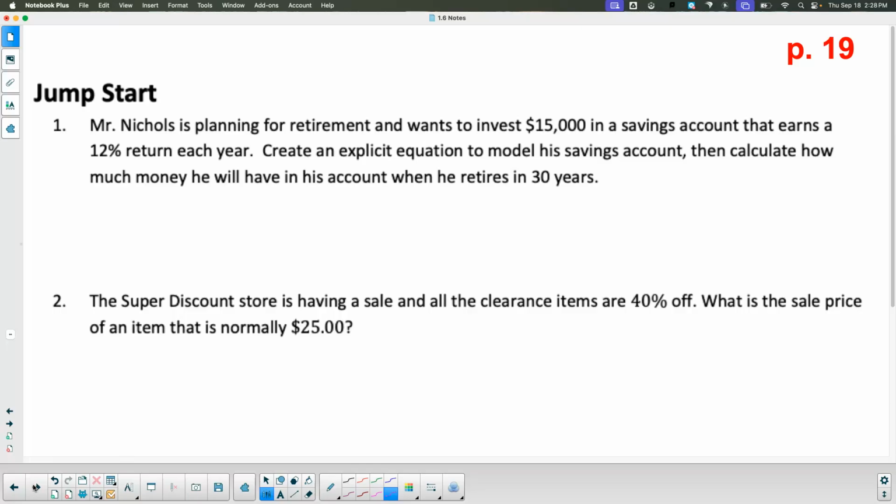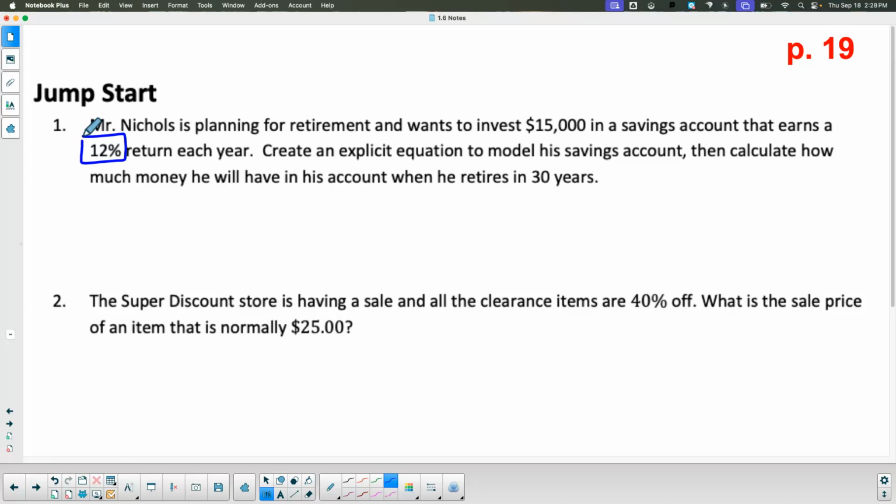First off, in all of these word problems, whenever you see a percent, that means two things. The first thing is it's geometric. The second thing is you need to change your percentage into a decimal.